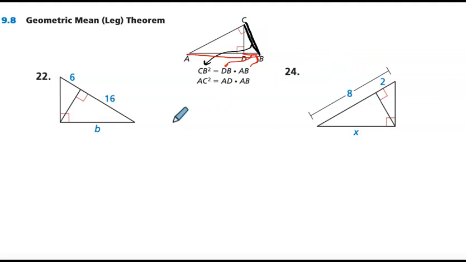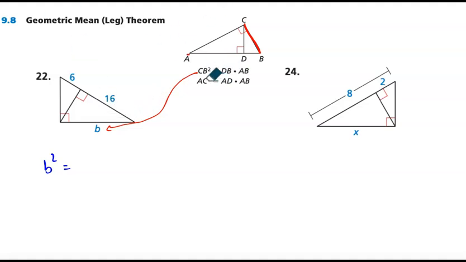And again, you could use that, and if you're trying to make sense of this from the formula point of view, here's your CB squared, which is the leg, so CB would be your B, so you would have B squared equals DB times AB.